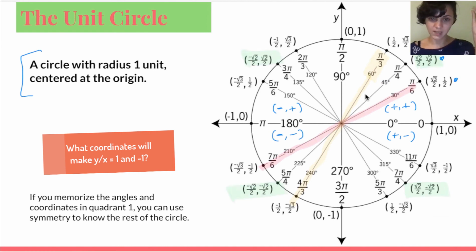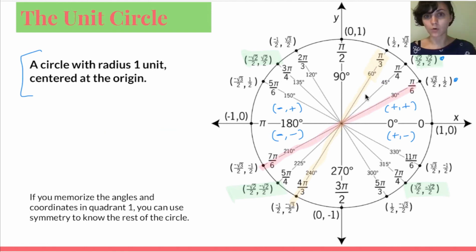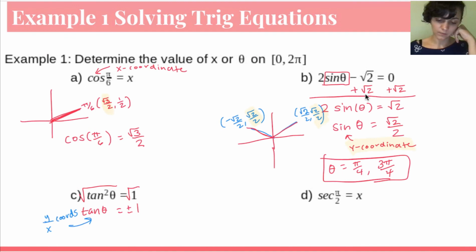If I take the ratio of the x and y coordinates, I would get 1 or negative 1 if I divide those, because they're the same number. And so this is going to be true for theta equals pi over 4, 3 pi over 4, 5 pi over 4, and 7 pi over 4.